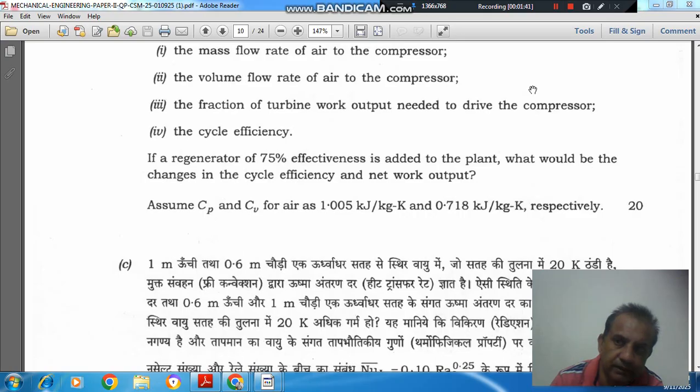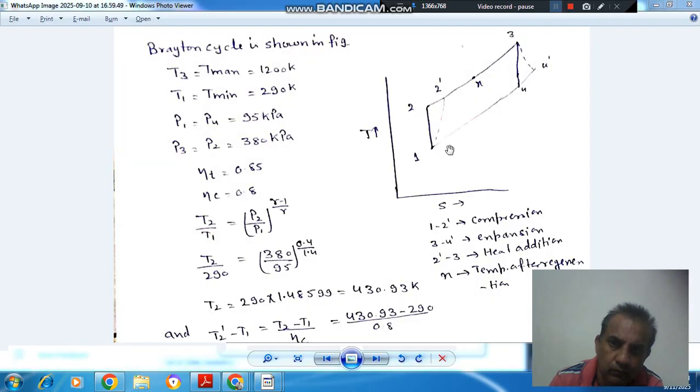So this is your Brayton cycle. This is the intake of air, and then there is 1 to 2 dash compression, 2 dash to 3 is your heat addition, and 3 to 4 dash is your expansion, and 1 2 and 3 4 are isentropic processes.